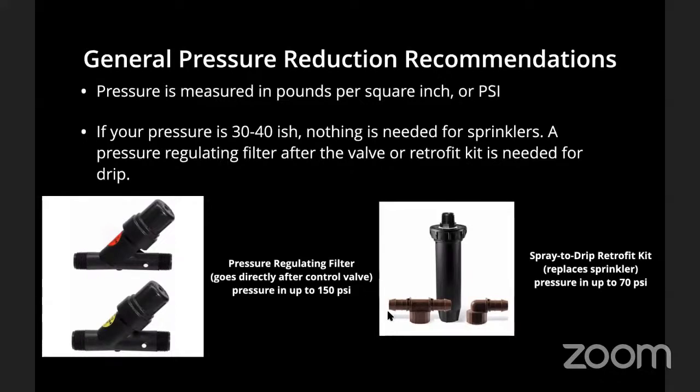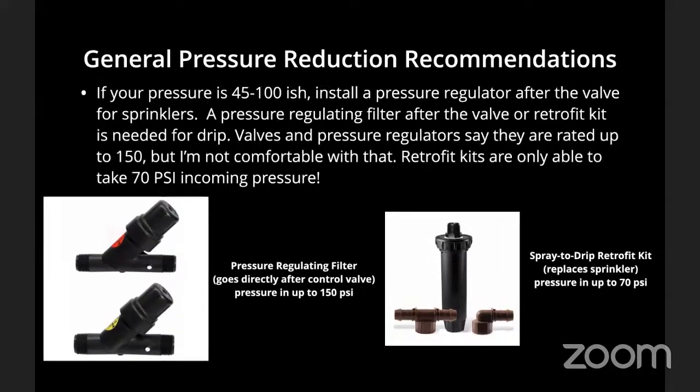So here are my general recommendations. If you test your pressure, especially at the sprinkler, and it's 30 to 40-ish, you're going to be fine. You still are going to need the pressure regulating valve and filter after the valve, or the retrofit kit.